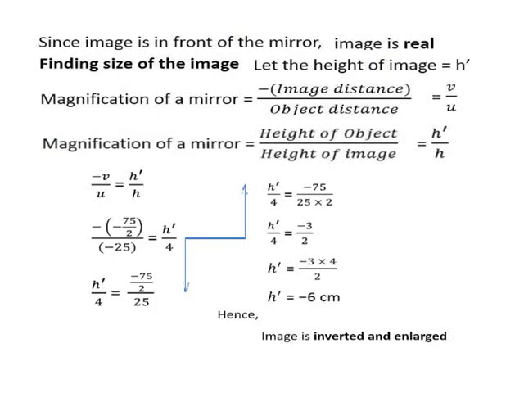Even one small mistake in a sign will lead to confusion and your answers will be wrong. So while doing mirror problems, you must be very careful and you have to take the values exactly and apply the formula in accordance with the law.